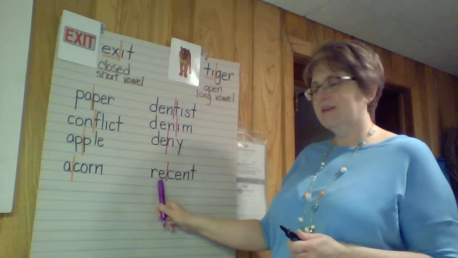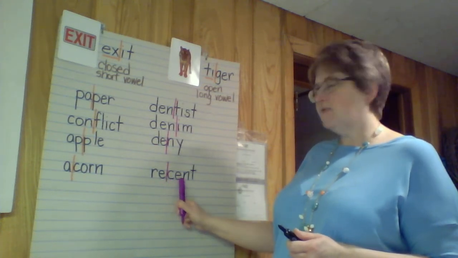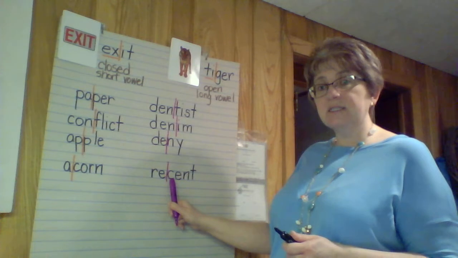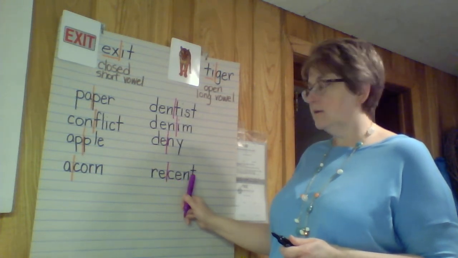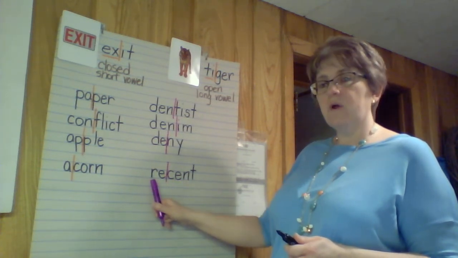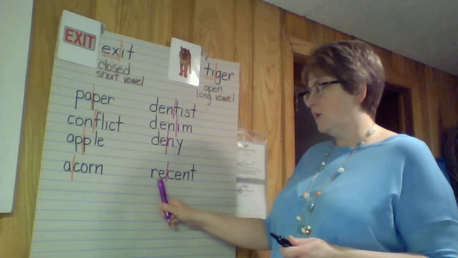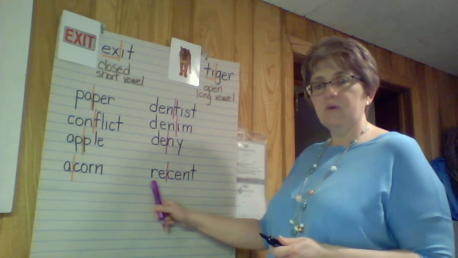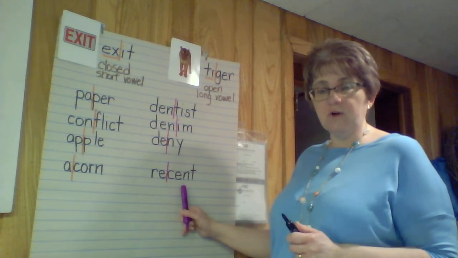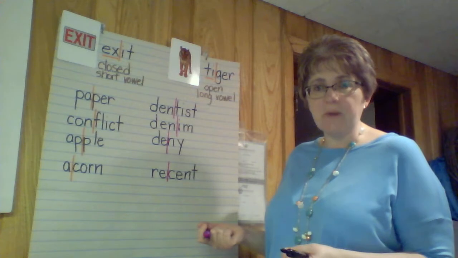R, E, and then the C is followed by E, so it makes the sound S. E, N, T. Recent. Recent. Does that sound like a word you've heard before? Yeah, so we divided it in the right spot.